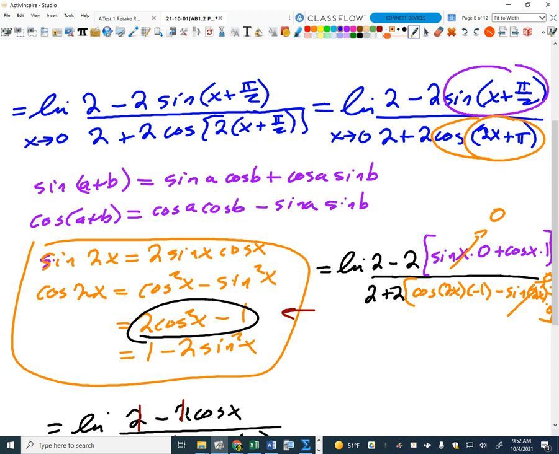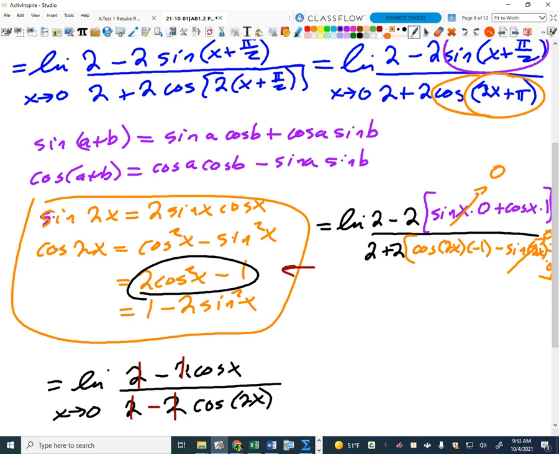If we use these trig identities, sine of a plus b and cosine of a plus b with our angles up here, well, what do we end up getting? On the top, we get 2 minus 2 times sine of x times cosine of pi halves, which is 0, plus cosine of x times sine of pi halves, which is 1.